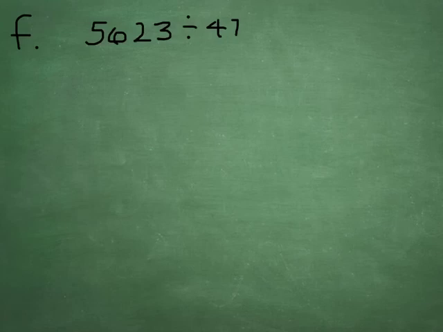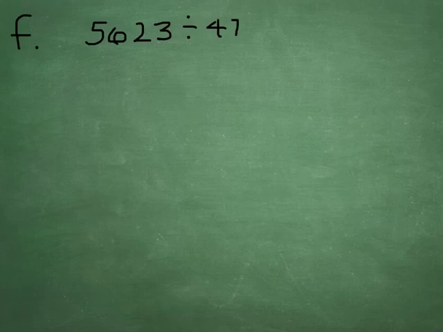Well, if you put a 0 on the end of that 47, that makes it 470, which is divisible by 10. So 10 times 47 would be 470, which is just a little bit too large, so I'm going to try 9. 9 times 7 is 63.